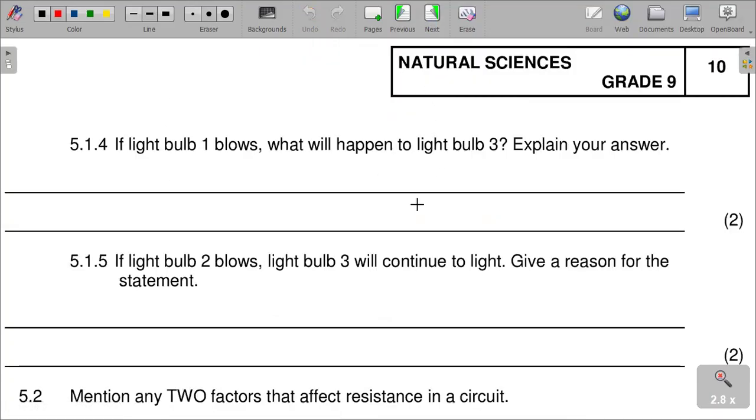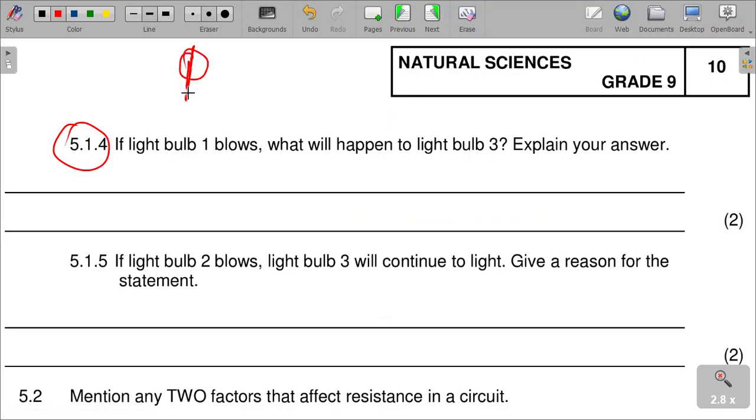And then question 5.1.4: if light bulb 1 blows, what will happen to light bulb 3? Explain your answer. Let me try to illustrate.